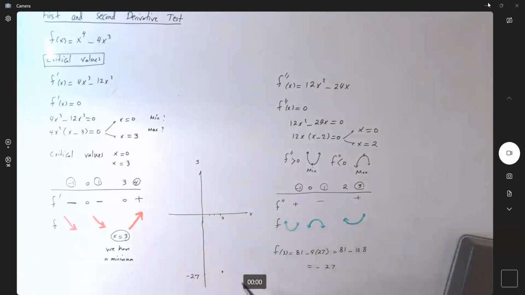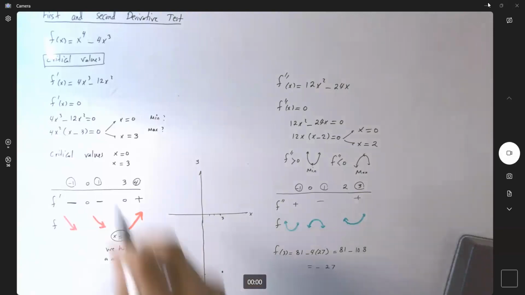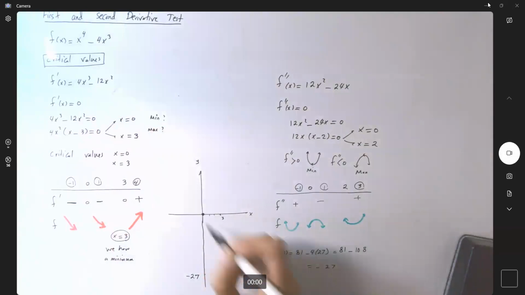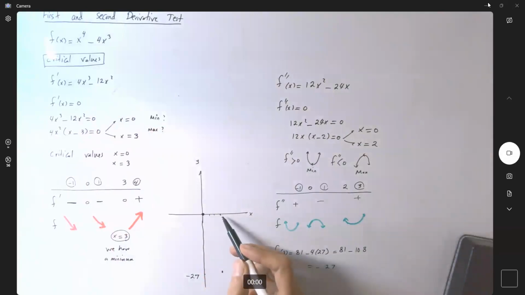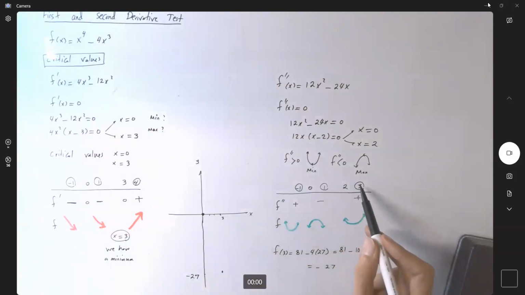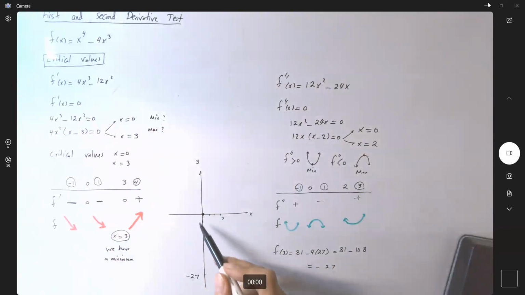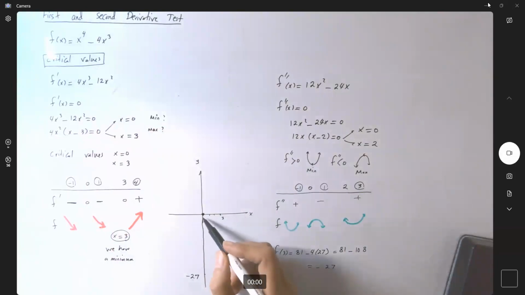If I plug in 0 into the function, it's going to be 0. And I know that this graph starts continuing upward. So when x is equal to 3, the sign of the second derivative is positive, and at the same time, I know that the graph has a minimum, and it passes through this point.